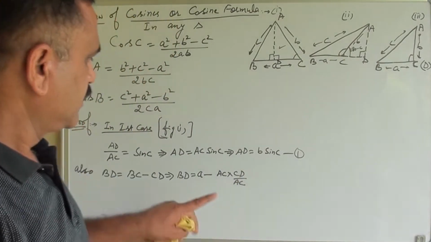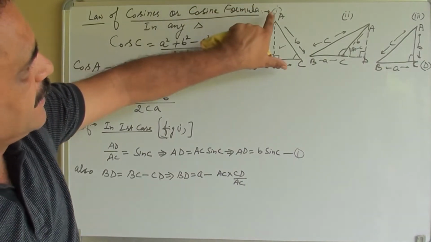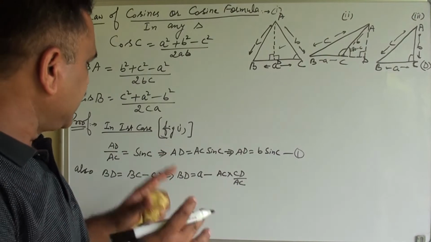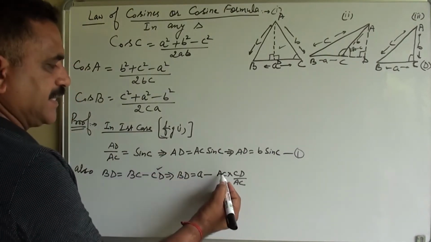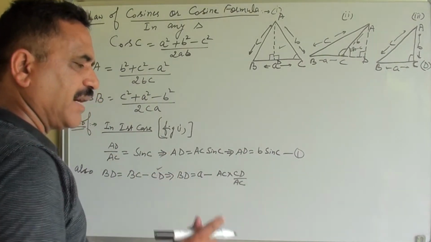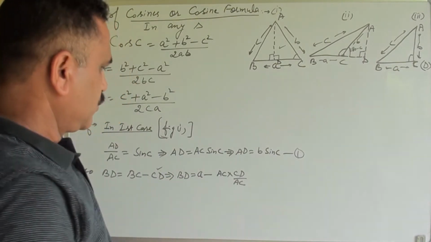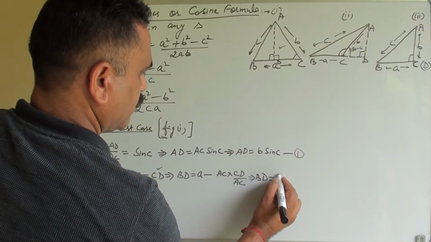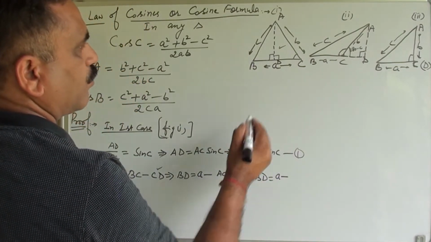Why? Because see here AC, we are given with the length of this AC, इसलिए हमने CD को क्या करना है, यहां पर AC से मल्टीप्लाई कर दिया, AC से डिवाइड कर दिया, कोई फर्क नहीं पड़ा. So this implies BD is equal to A minus, what is the value of AC?